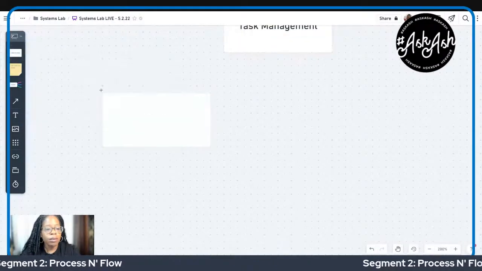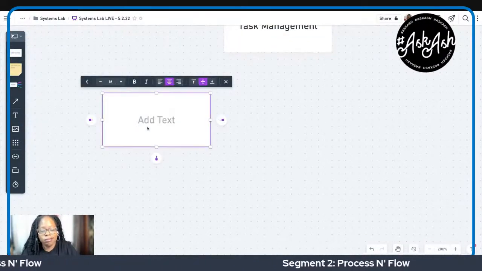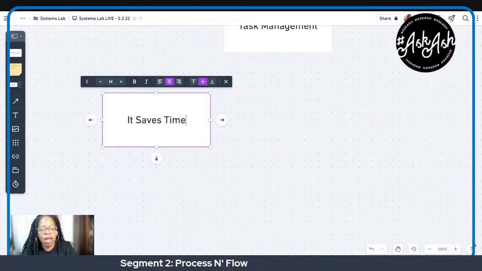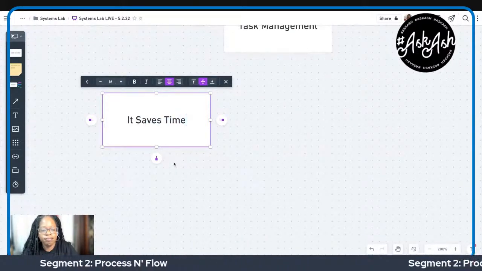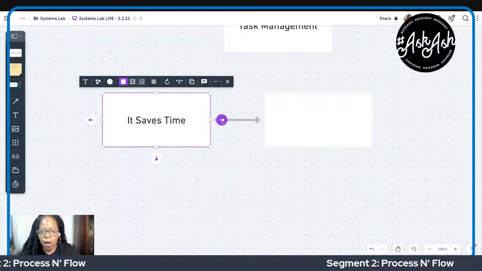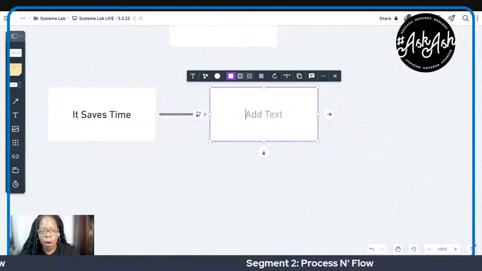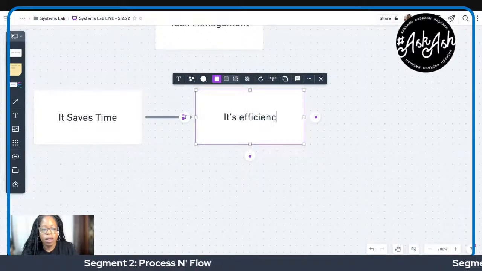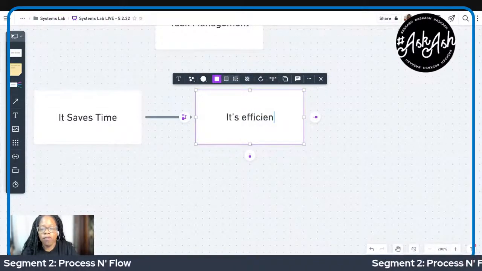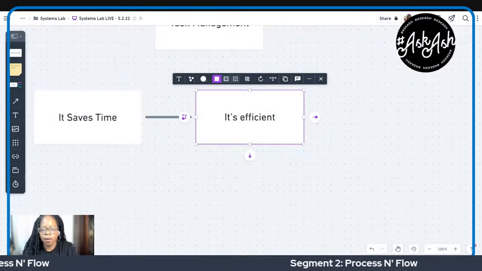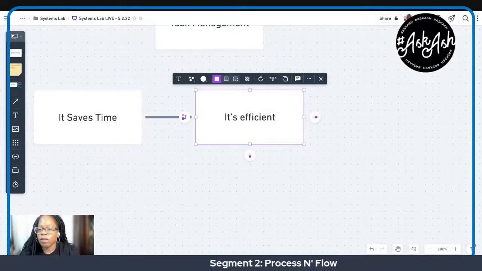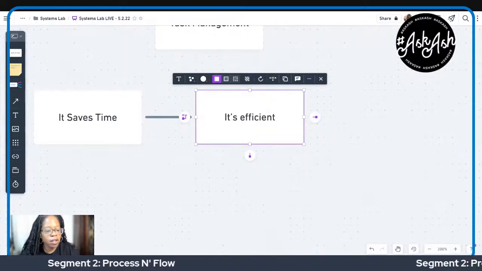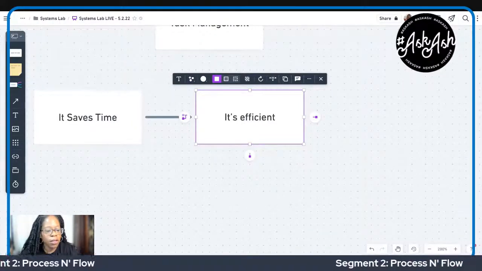Well, number 1 is it saves time. It saves time straight up. What else? It's efficient. What else do you guys think, why we have content operations?